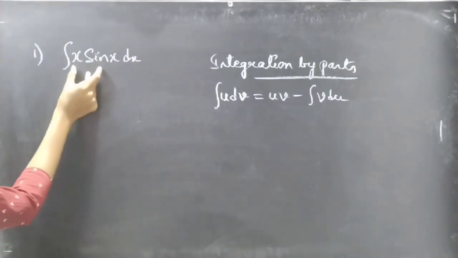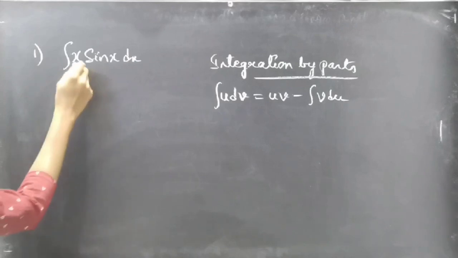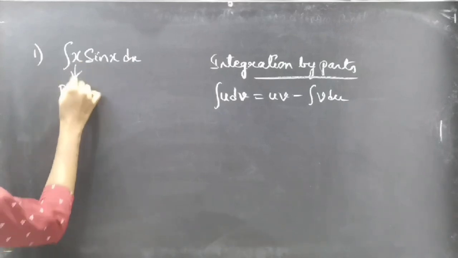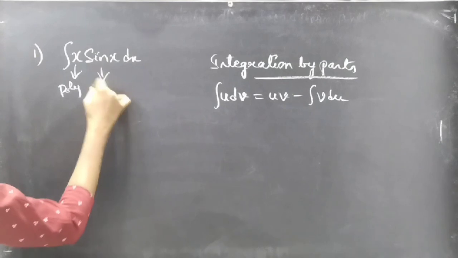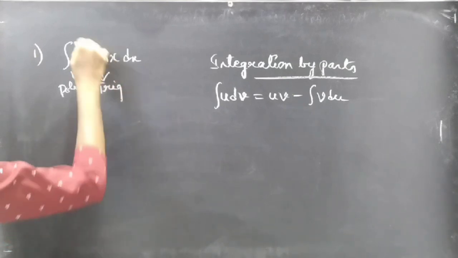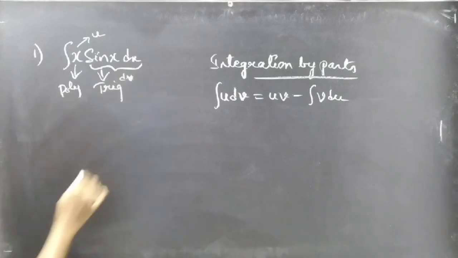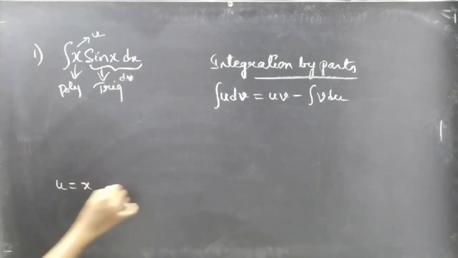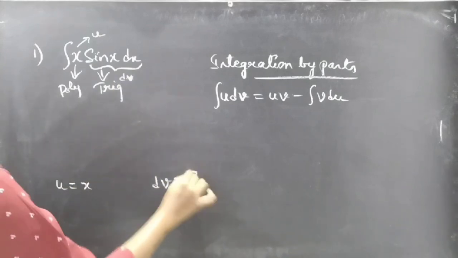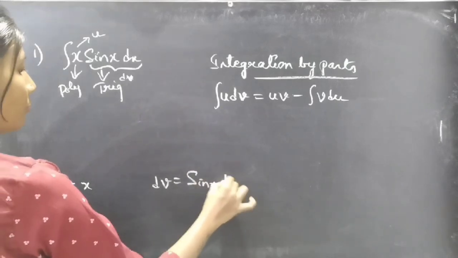Here the integrand is a product of a polynomial and a trigonometric function. Let's consider the polynomial function as u and the remaining part as dv. So we have u equal to x and dv equal to sin x dx.